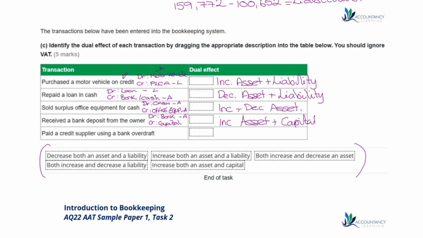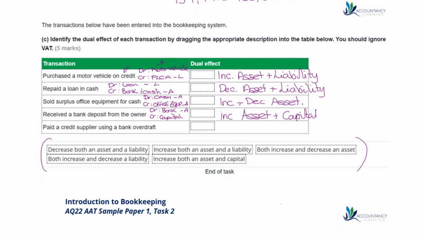And then our final one here for this task is paid a credit supplier using a bank overdraft. So we need to look at this one carefully. So we've paid a credit supplier. So it means that our debit is going to be for our payables ledger control account, because we're now reducing the amount we owe that supplier. So that's liability reducing.